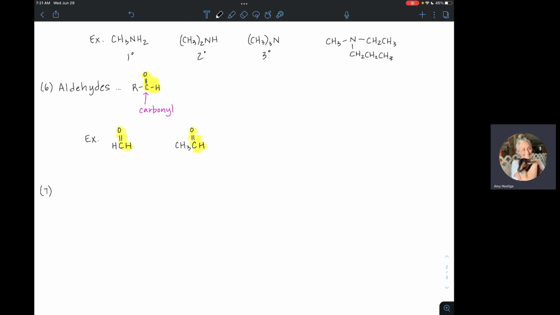Another functional group that contains a carbonyl would be a ketone. So this is going to look a little bit like an aldehyde, only instead of that hydrogen, it's going to be another R group. So over here, it's another R group instead of a hydrogen.